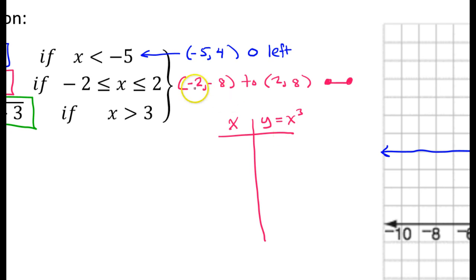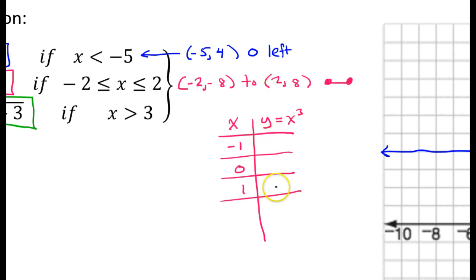So we need x values between negative 2 and positive 2. We already have negative 2, so what's left? Then I would have negative 1, and then 0, and now positive 1. And then that brings me back to positive 2, which I already did.